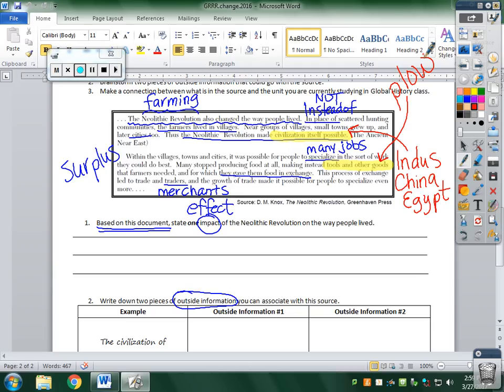Okay, you want to give information that's going to make the document more specific. Something like surplus, explaining how surplus leads to job specialization. Using that word could also count as outside information. If you need some more time with your outside info, please go ahead and pause the video.